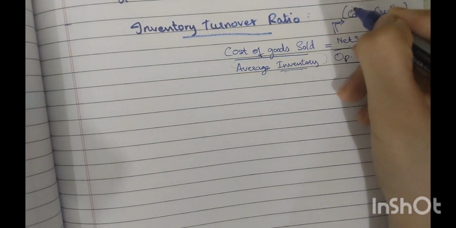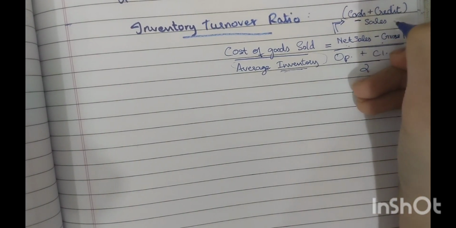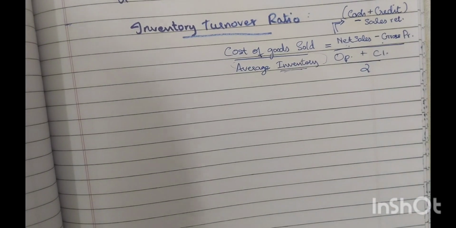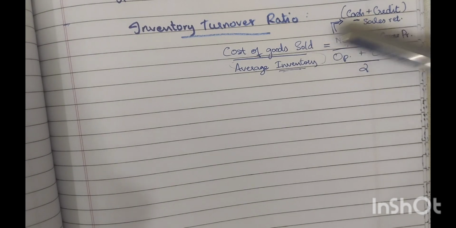Alright, these together form the total sales minus sales returns. And we know what sales returns are: when we sell goods, but then they're returned by the buyer to us, and we have to pay back the money that we got on the sales. That is sales returns, right? So the cash and credit sales, that is the total sales, minus the sales returns gives us the net sales.